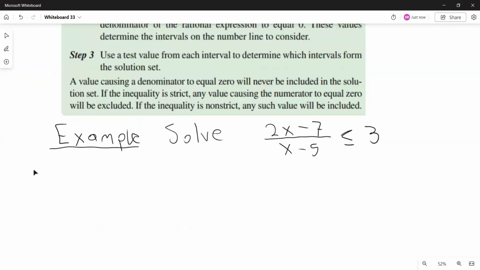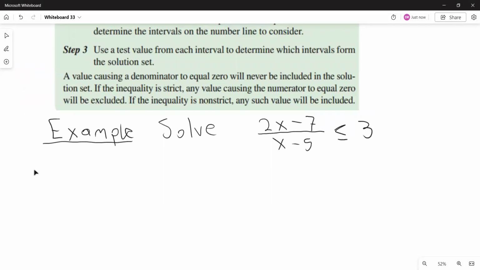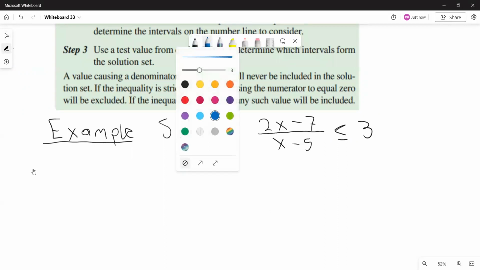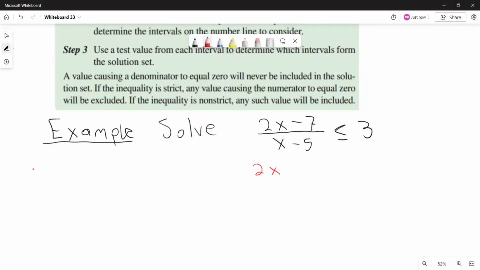Okay, the first observation is that unlike equations, we cannot bring the x minus 5 to the other side. So I'm going to write this in red, just indicating that this step is not correct. So this is not correct.